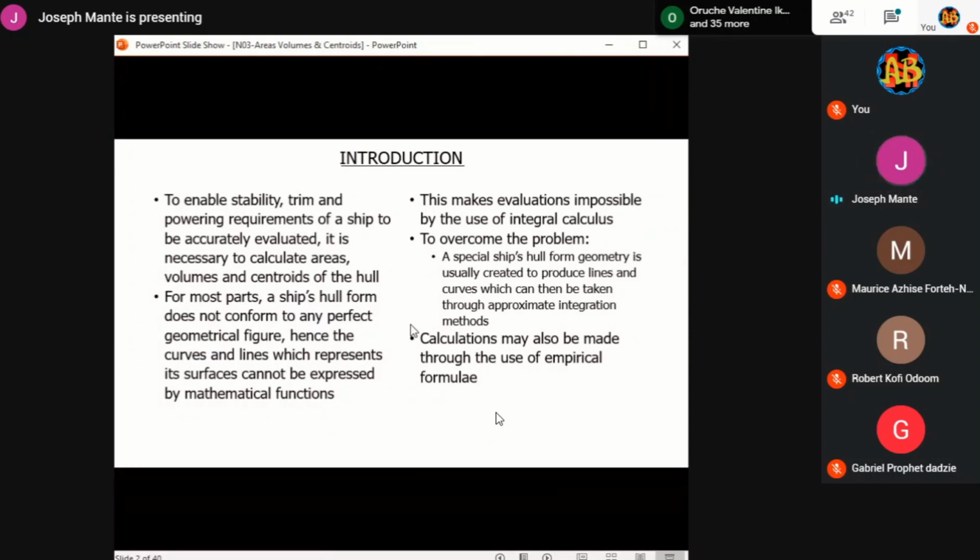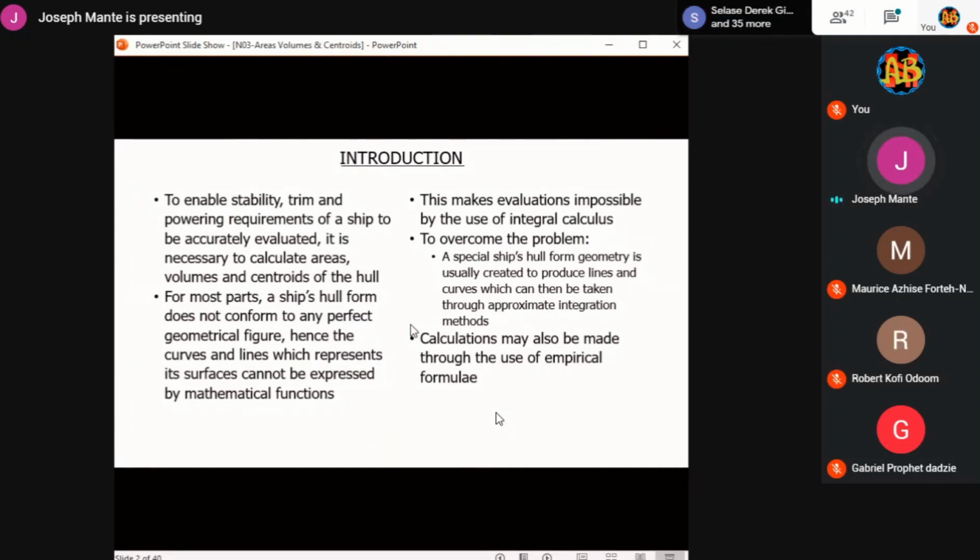It is stable in a certain way; even if it rolls, it still comes back to its normal position. Before you do all this stability and trim to keep the ship upright, and calculate for its powering equipment, you need to calculate for each area. You have to know the total surface area, the volumes, and the centroid.